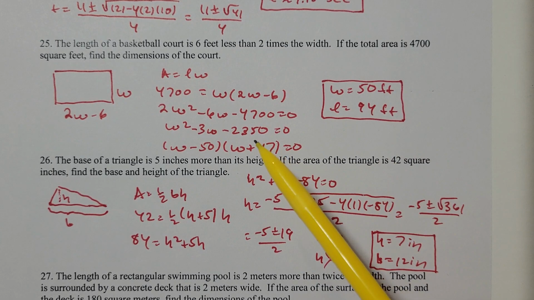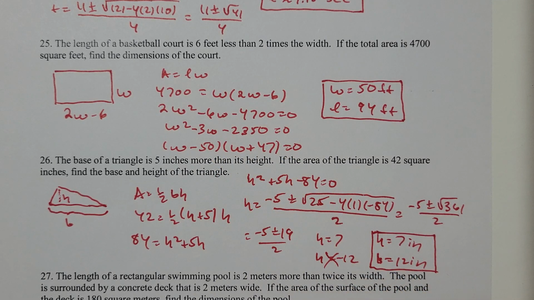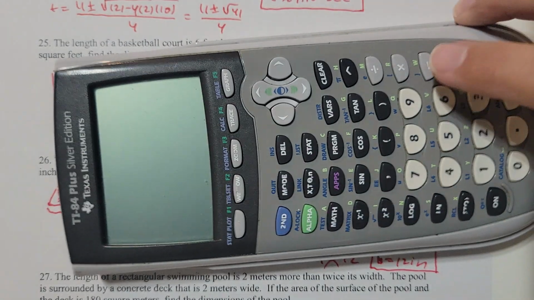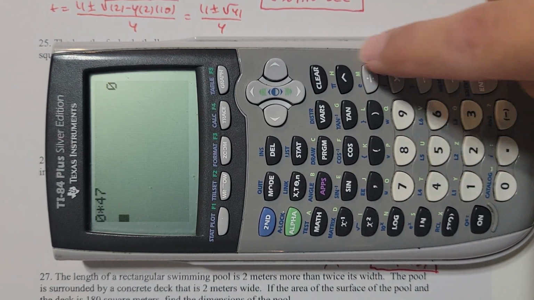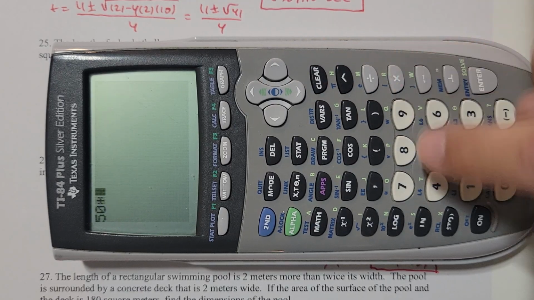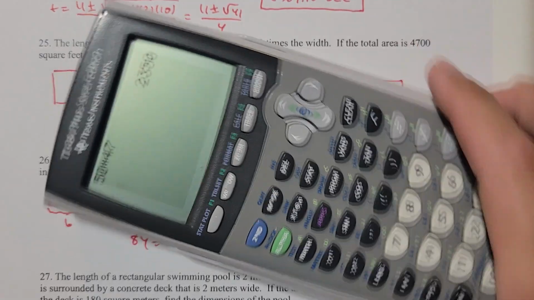Now this will factor. If I take 50 times 47, 50 times 47 is 2,350.